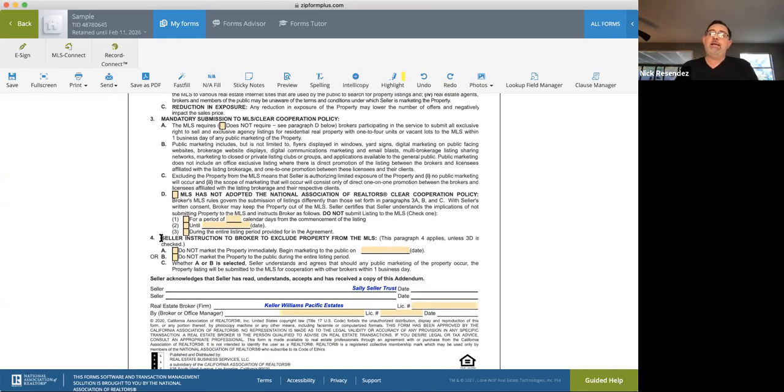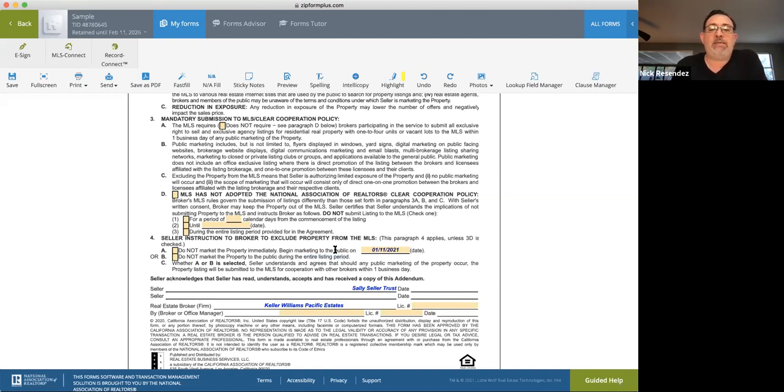If we're going to exclude the listing from the MLS and put it into registered status, we have a few options. 1, don't put the property on the market until a blank date. Or 2, do not market the property during the entire listing period. Those are the 2 options about when the property will go into the MLS or not.